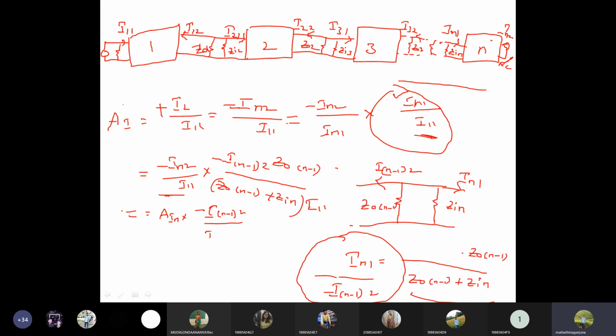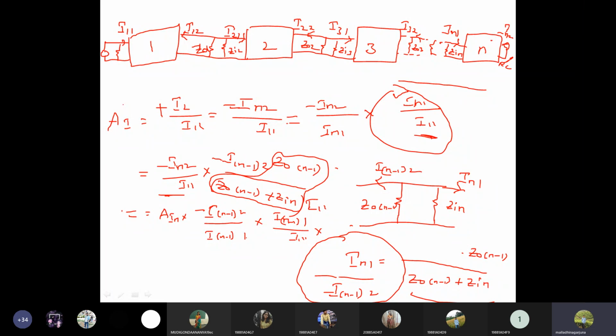This I can write as I of n minus 1 into 1. Okay, this I can divide and multiply by I11 into this portion, which comes back here.